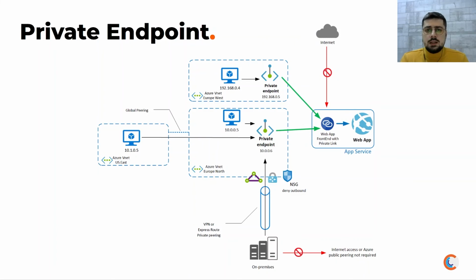Avoid any data exposure from your VNet. The connection between the private endpoint and the web app uses a secure private link. Private endpoint is only used for incoming flows of your web app.